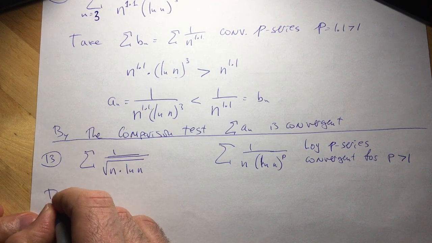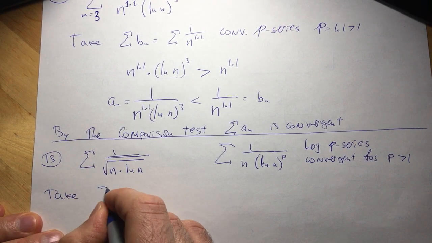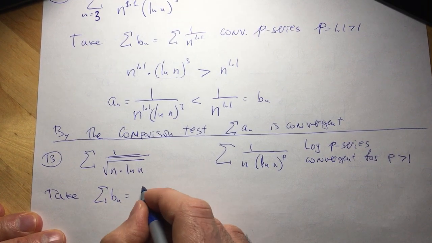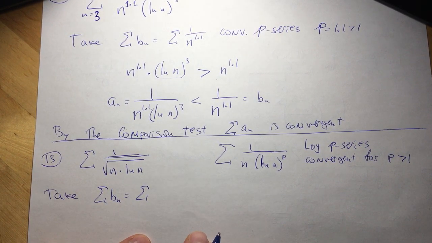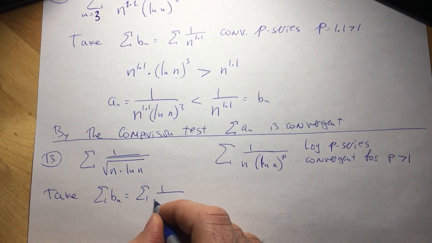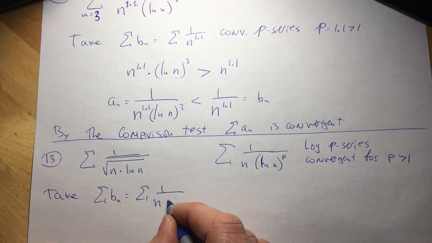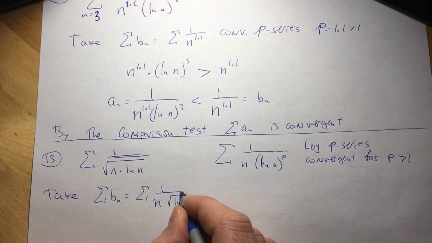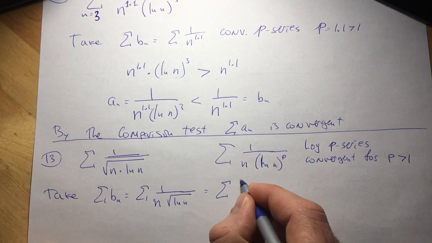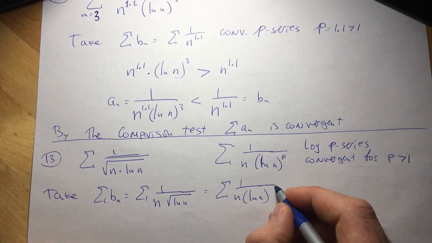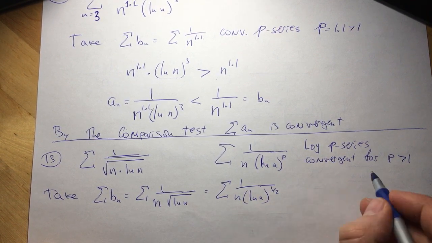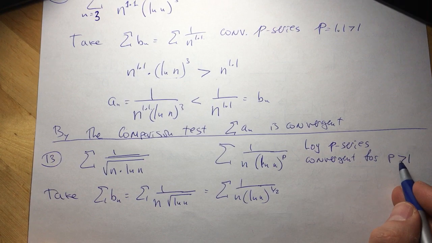So take as bn, sum of bn, this series to be defined as 1 over n times square root of ln of n, which is 1 over n times ln of n to the power of 1/2, because this p is less than 1.